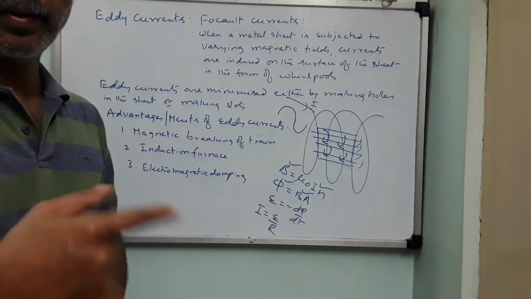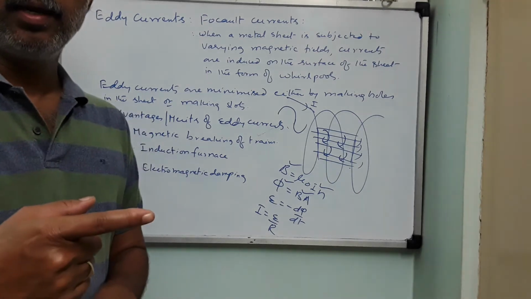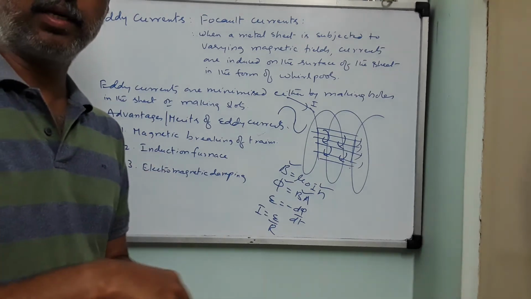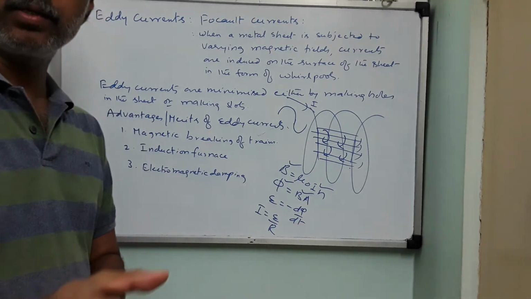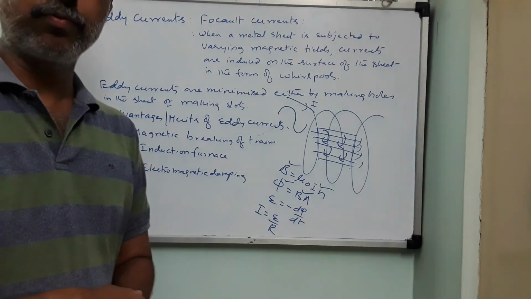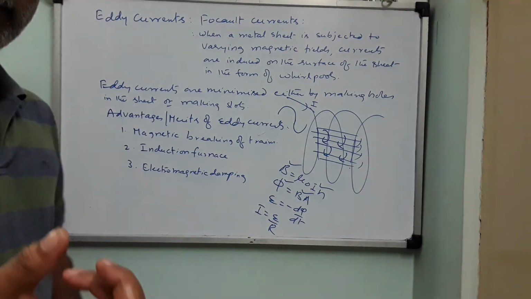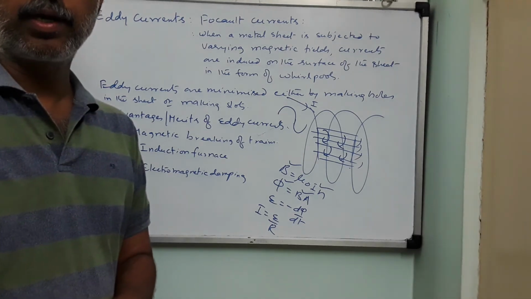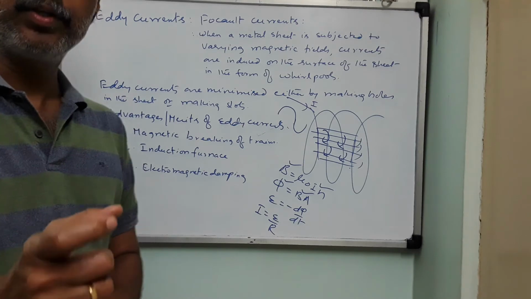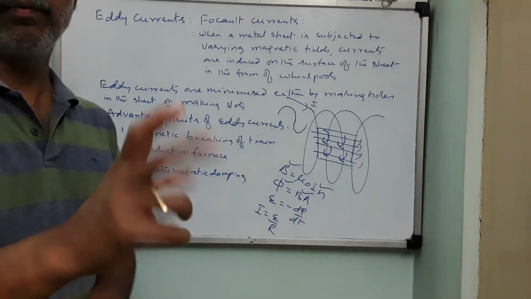Now when current is passed in this copper coil, there is a flux because of the field. That flux is linked with this cylinder also. Which cylinder? The copper cylinder or iron cylinder on which your coil is wound. Because of this, what will happen? Induced currents will come on the surface of the cylinder, and they will try to oppose the motion of the coil.